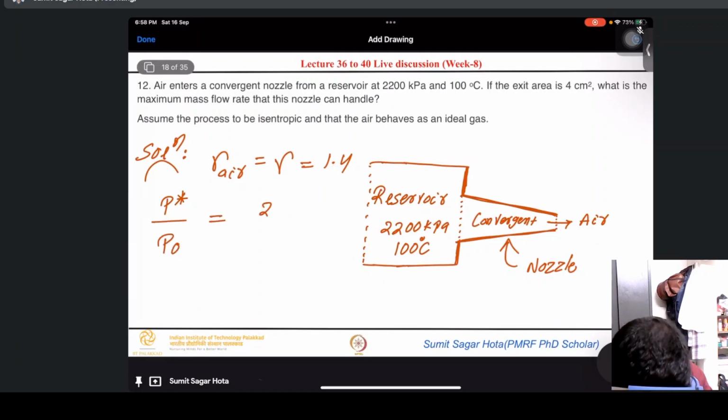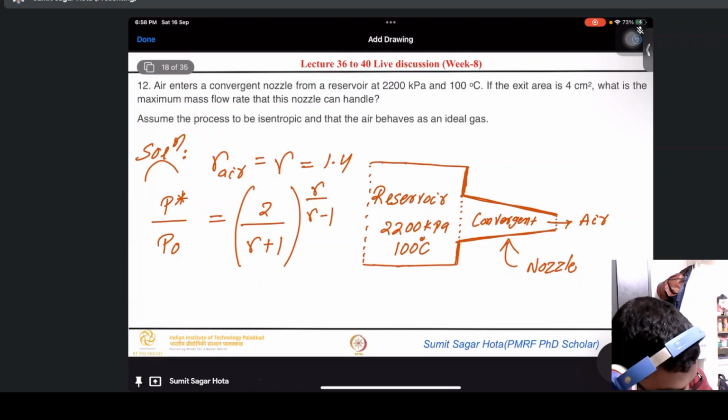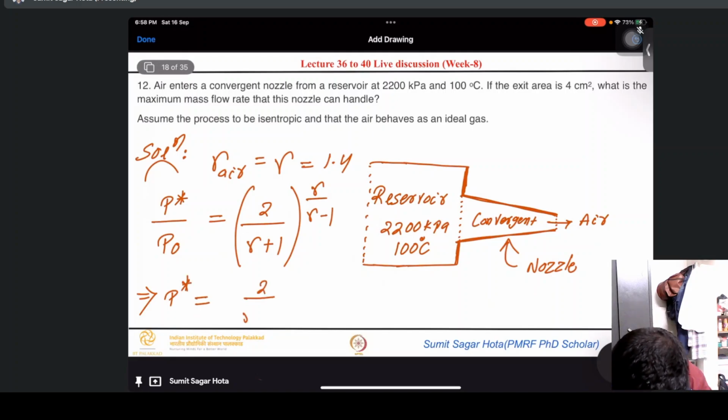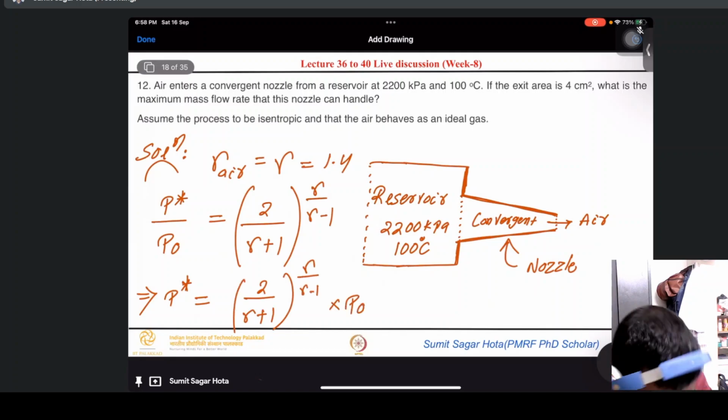So P star over P naught is equal to (2 divided by gamma plus 1) to the power gamma by gamma minus 1. What is P star then? P star is (2 divided by gamma plus 1) to the power gamma by gamma minus 1, into P naught.